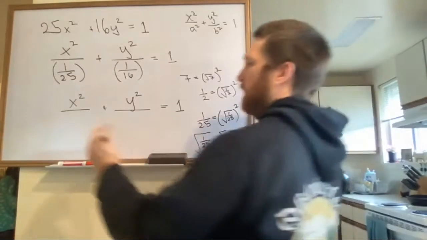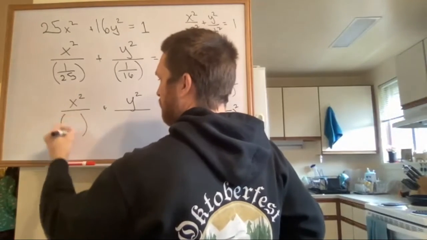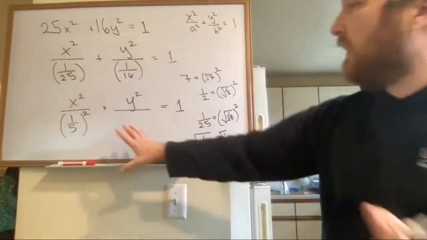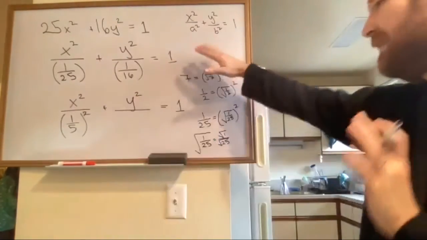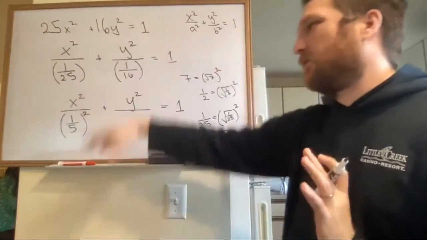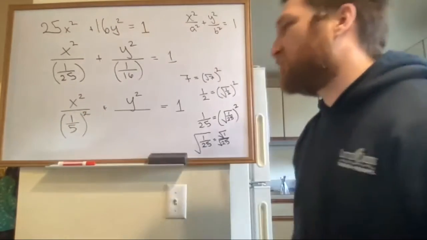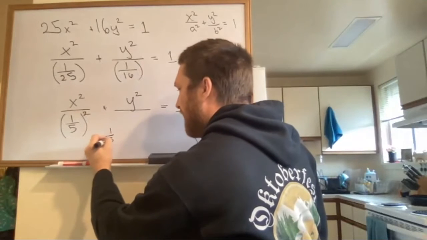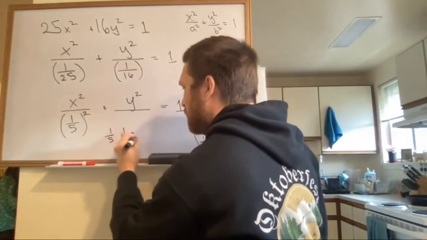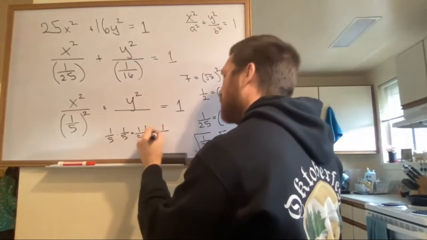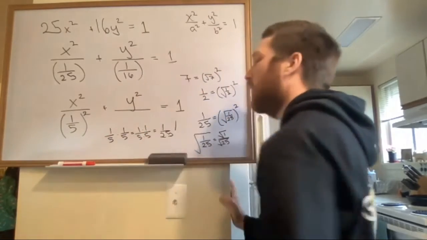There we go. And so 1/5 quantity squared. Let me check that, because I've done a lot of crazy stuff up to this point. I want to double check: 1/5 squared means 1/5 times 1/5, which means 1 times 1 over 5 times 5, which is, yes, 1/25. So yeah, I'm good there.